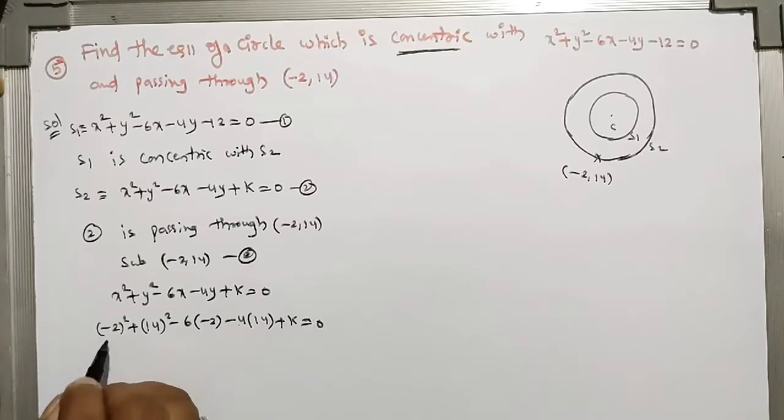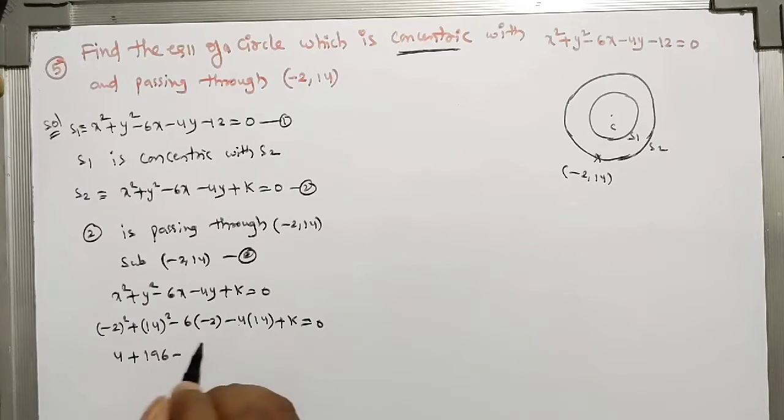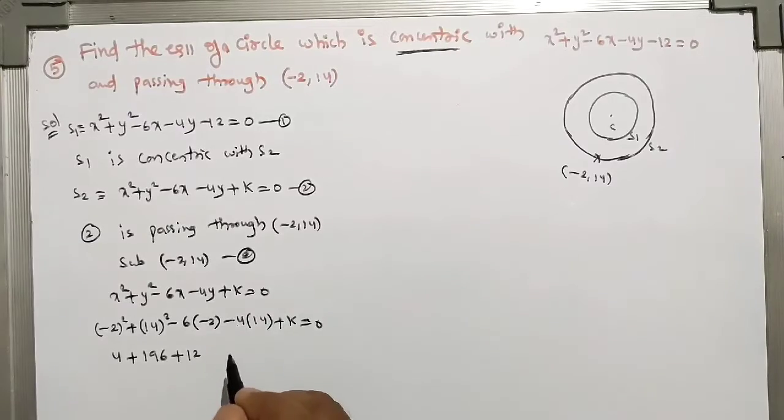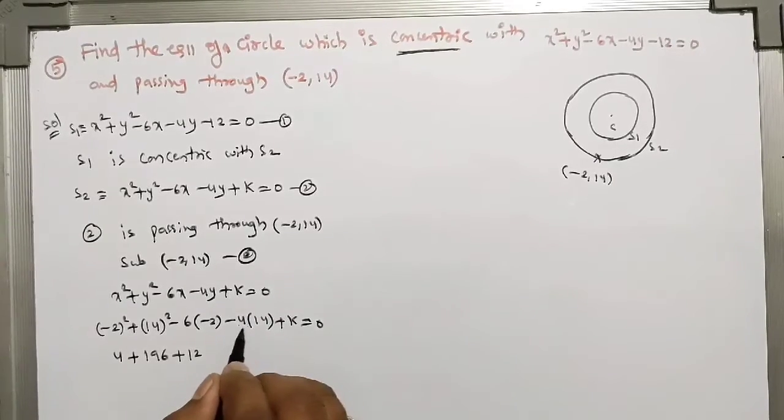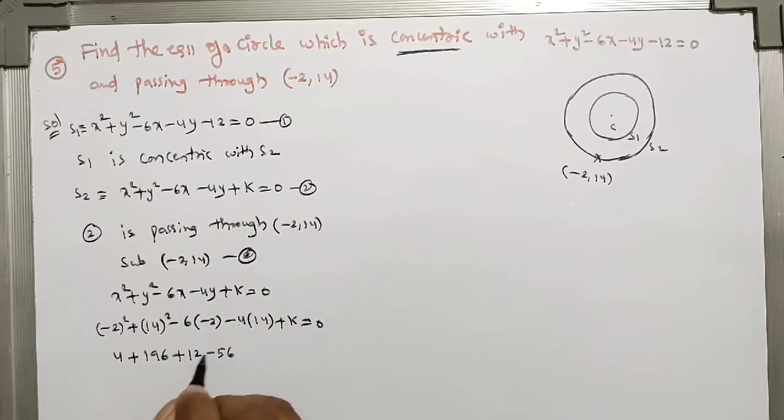So now minus 2 square becomes 4, plus 14 square is 196, minus and minus plus 6 into 2 is 12, minus 56, plus k is equal to 0. If you observe, this is the negative term and these are the positive terms.